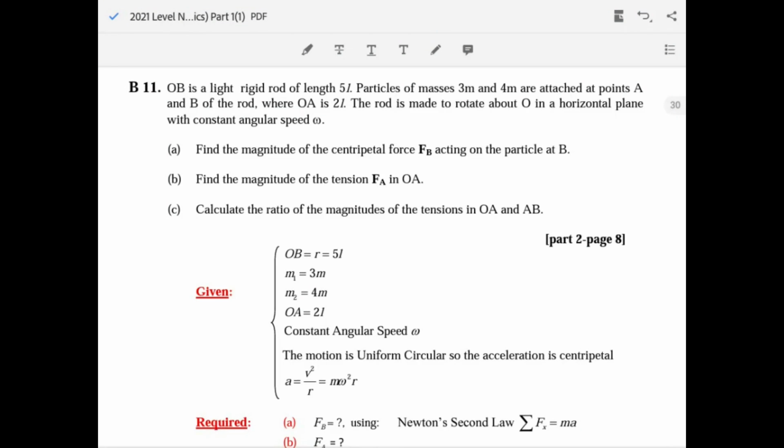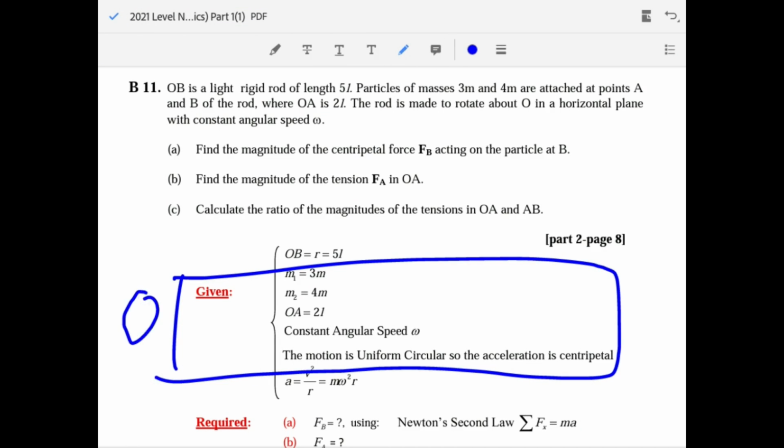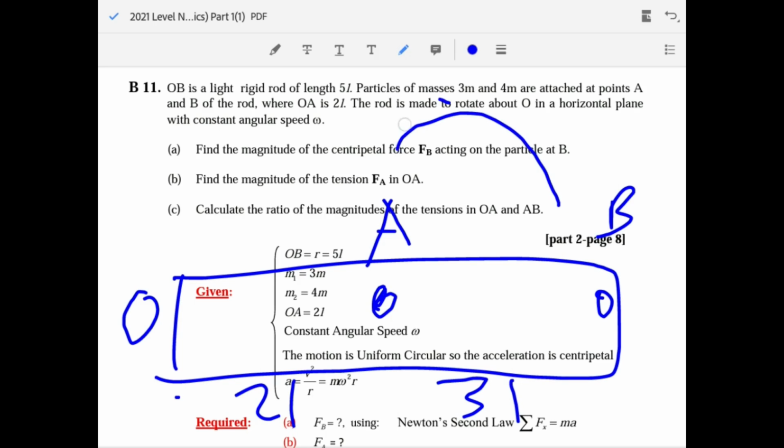11, you have a light rod. Oh, and you have a mass at A, you have a mass at B. This one is 2L, so 3L. So what's happening here is it's rotating around O, and therefore you have centripetal force. So at B it's here, and at A it's here.